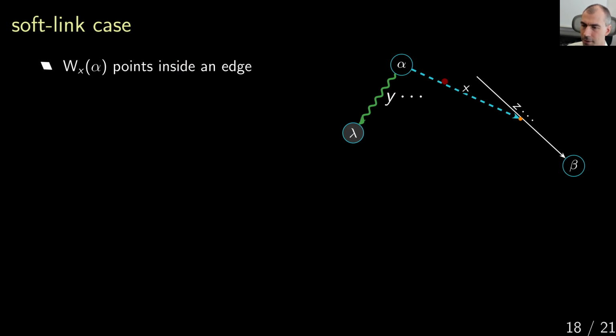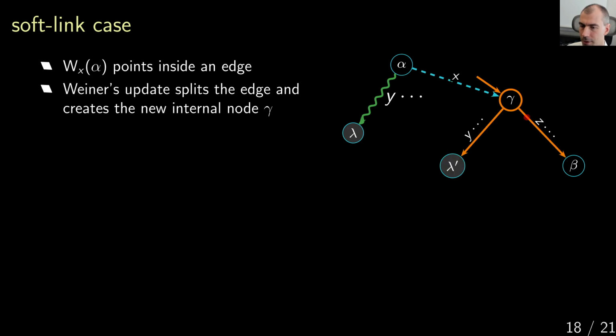Now the X link goes inside an edge, so we have to split this edge here, create a new node gamma, and from gamma out we have the old edge continuing with the Z, and here we have the new leaf with the rest of the string.